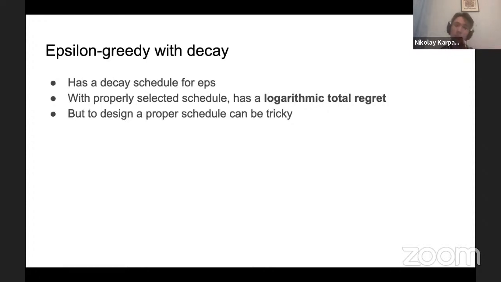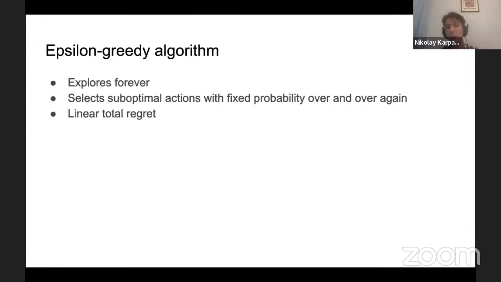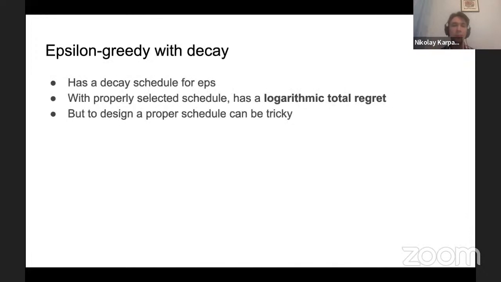So what if we now have epsilon greedy with decay? We would not have the problem where we always select some suboptimal action with a fixed probability. Here the main problem was that we had a 20% probability of random action, or any other number. But if we pick the schedule correctly, we would not have this problem, and ideally we would converge to always selecting the best arm of the bandit.